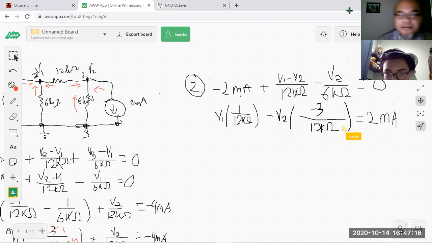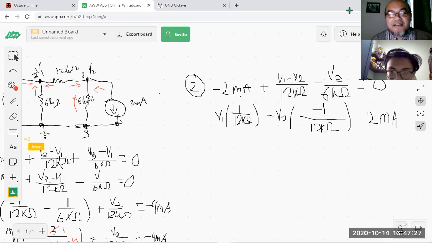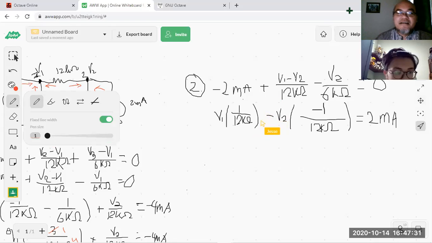This is the 1 over... -1 over. You cannot put any more -1, because here you already put a minus in front. Be careful, everyone. When you are doing a problem, be careful with the sign.